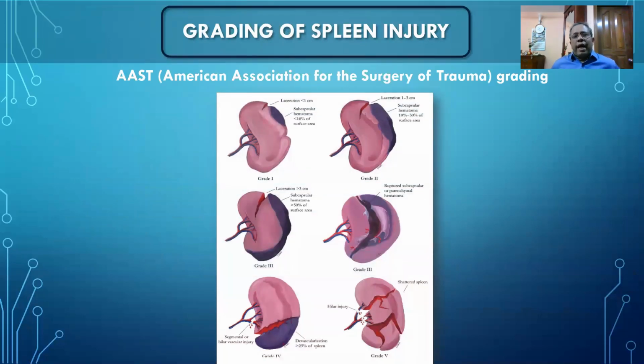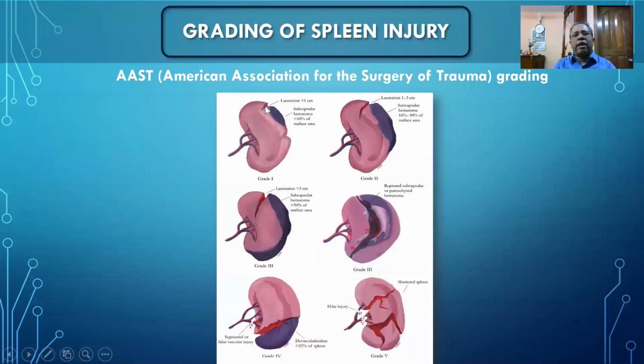There is a grading of splenic injury by the American Association for the Surgery of Trauma, the AAST grading. That grading is diagnosed only by CT scan, and by evaluating the CT scan you can decide what grade the lesion is.